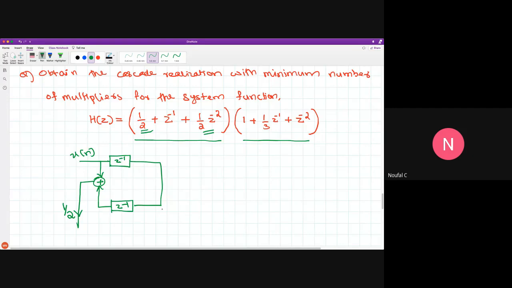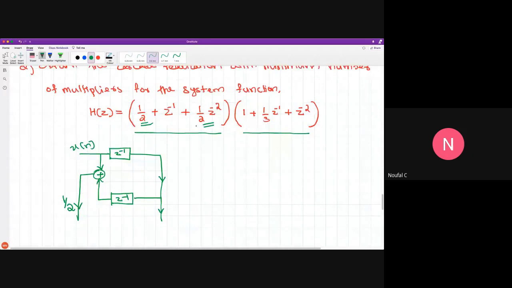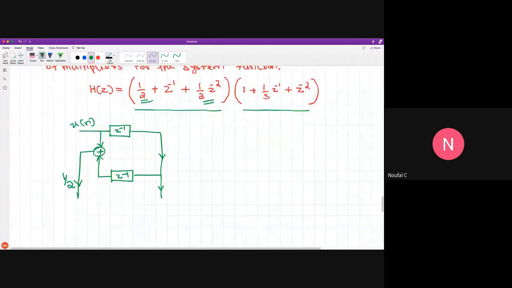So z raised to minus 1 is available at this point. You can take that value over here. So you got z raised to minus 1 also, 1/2 into z raised to minus 0 plus z raised to minus 2. And these two can be added together. Then that is taken over here. And here you will get the output of the first structure.